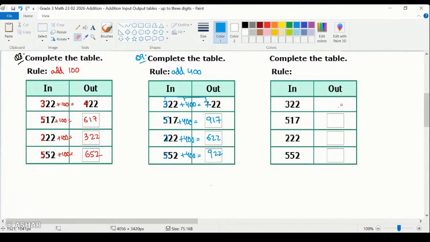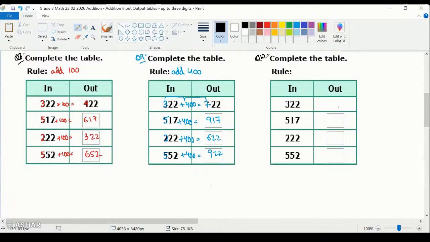That means 5 plus 4 is 952, 622, right? Let's focus over here. Okay, no arguments, please. Thank you. Okay, let me change the rule.